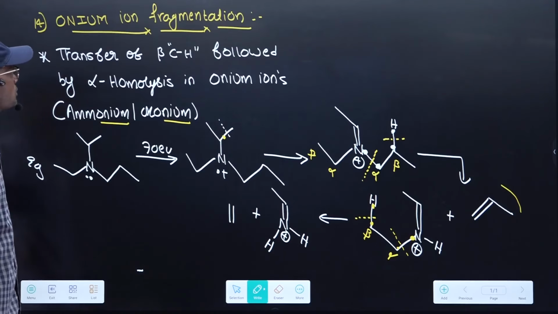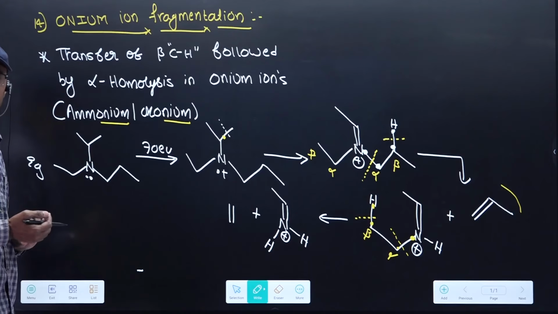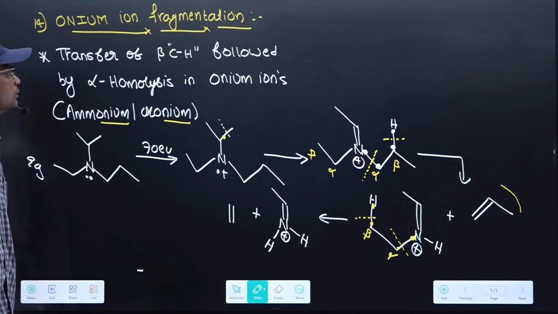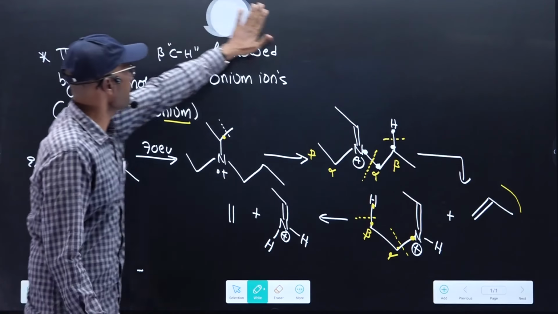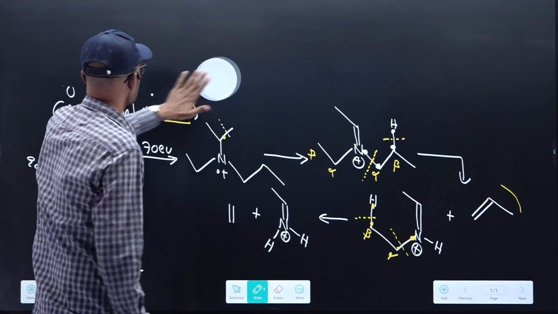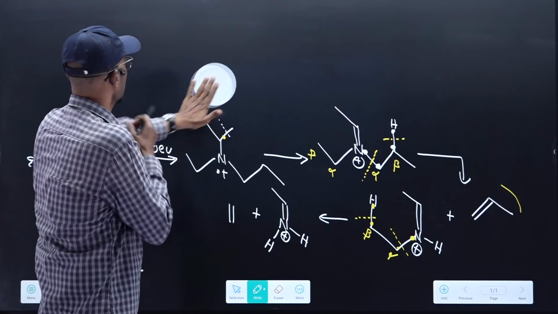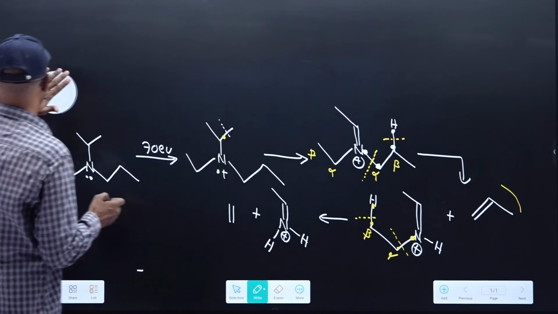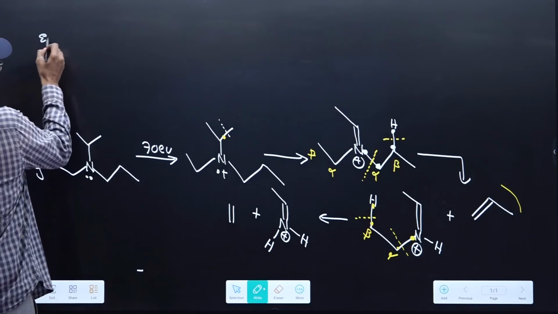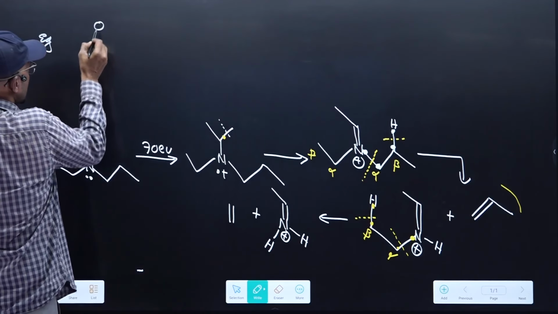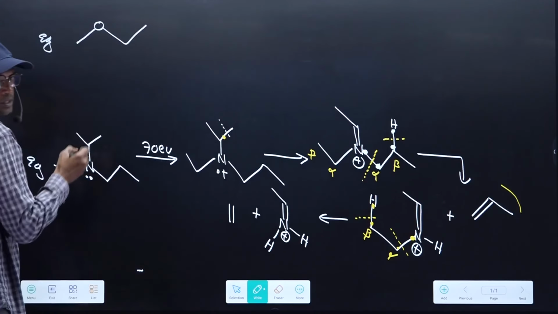So what are the functional groups involved in onium ion fragmentation? Ammonium, oxonium. Okay. One more example I will show. See, this is oxygen, carbon, here two other carbons are given.